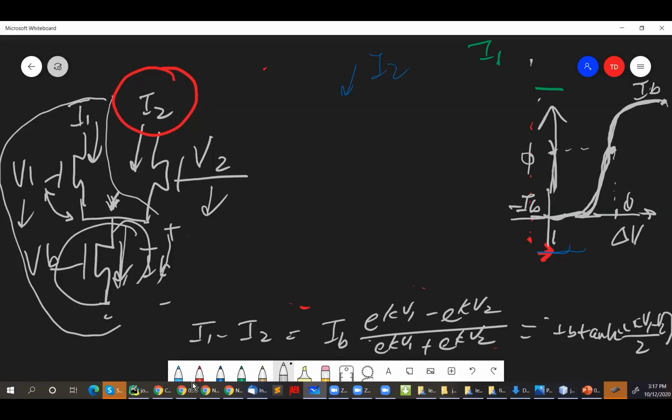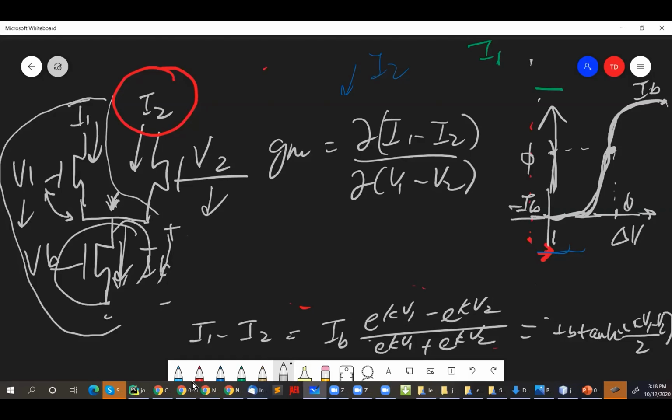Okay, and then you can also compute the GM of this differential pair. It's the change in I1 minus I2 as a function of V1 minus V2. If you differentiate the tanh, what you get is something very similar to the transconductance of a single transistor. It's going to be kappa IB over 2 UT. This GM is the slope of this curve right here.